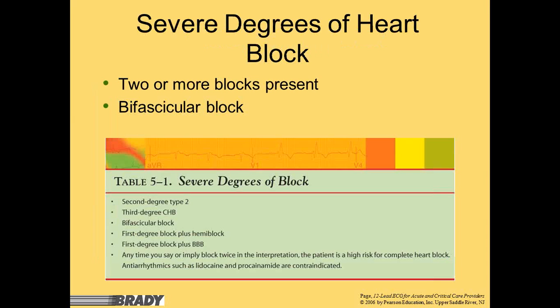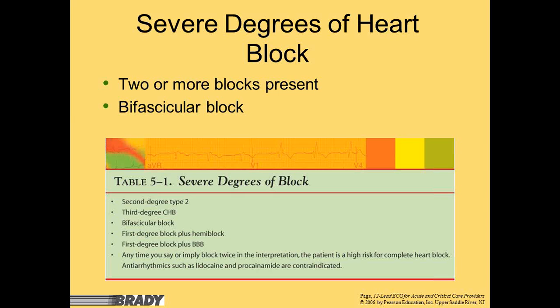Okay? Now because of the fact that these patients are at great risk for a complete heart block and cardiac arrest, we're going to move pretty quickly. We call these severe degrees of block. And those blocks, when bundled together, can be quite detrimental.